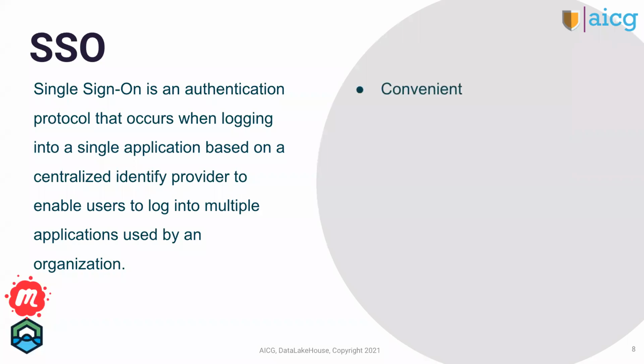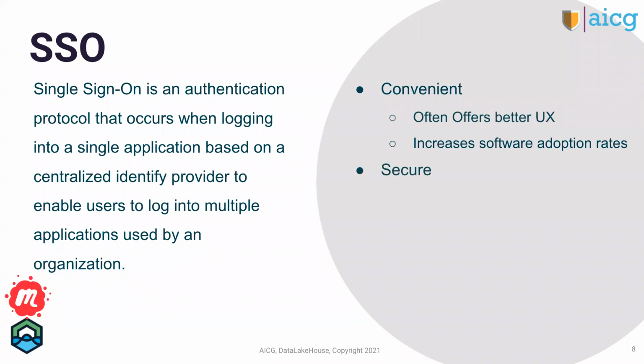So turning SSO on or enabling it for your applications creates a certain level of convenience. It provides a really smooth interface and experience for your users and your platform. It increases adoption rates of the software that you're accessing, whether you're a provider or a user. It's going to increase the flow that you have.